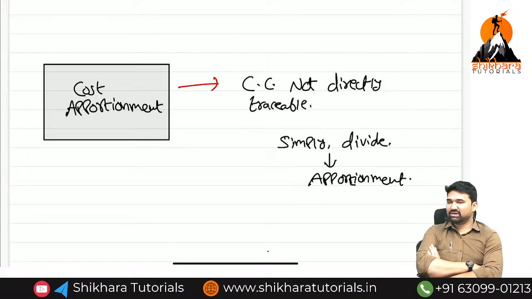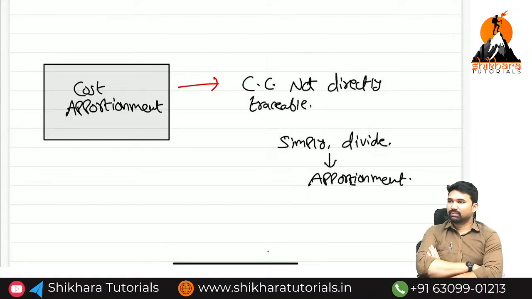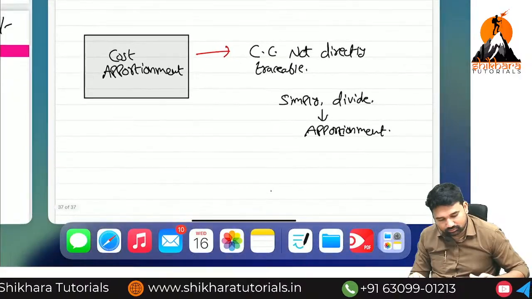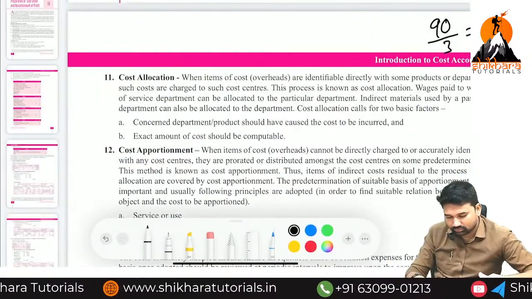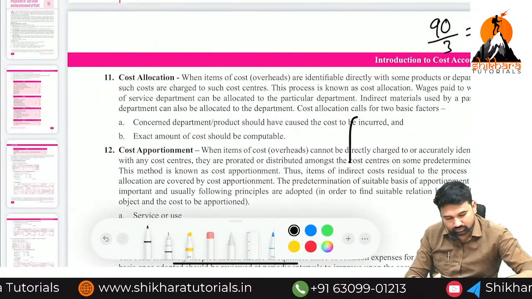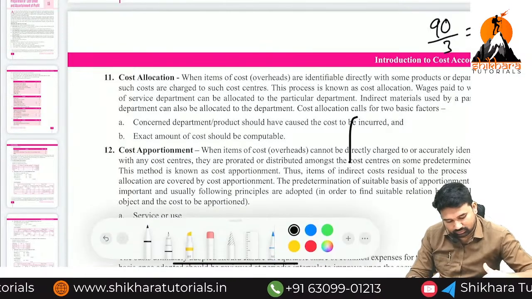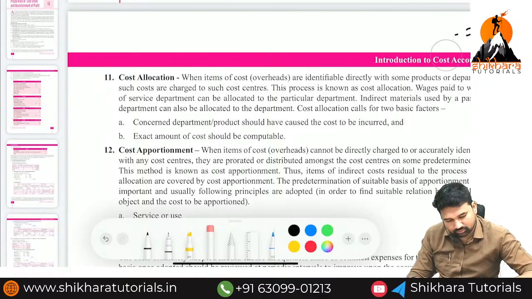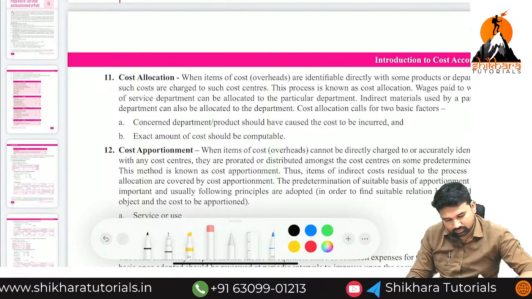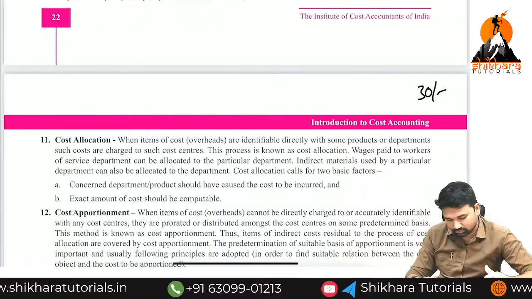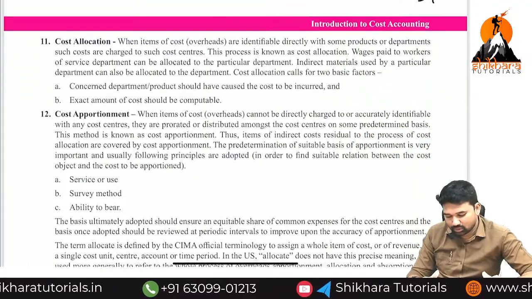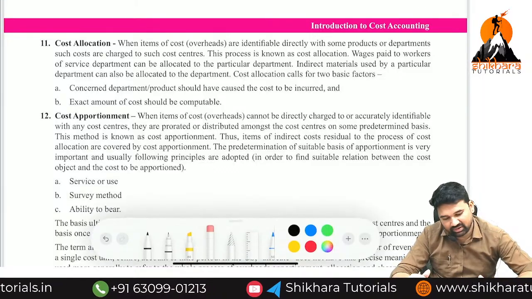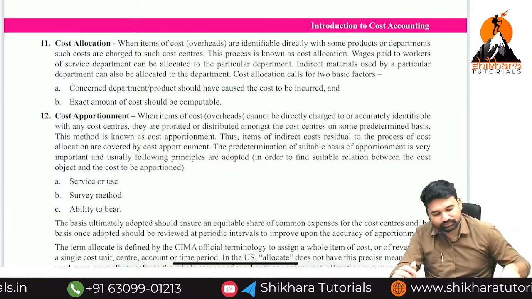If no information is available or not directly traceable, apportionment. So these are points 11 and 12.